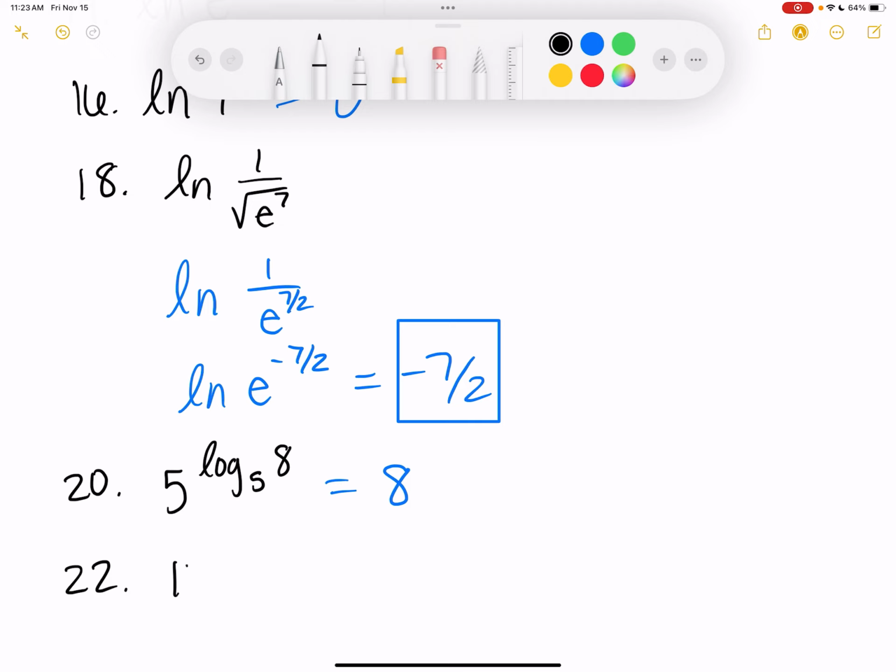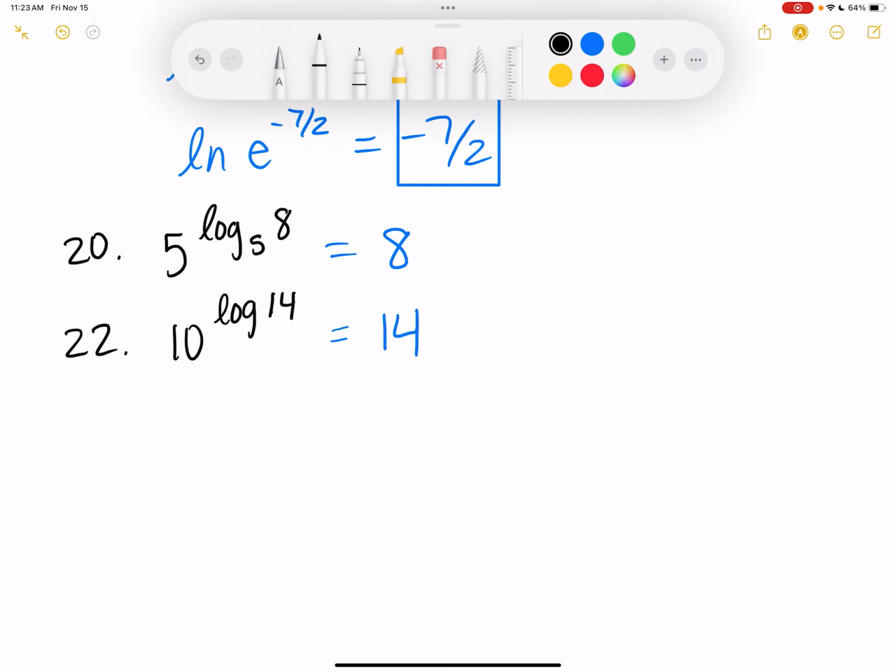22. 10 to the log of 14. What would this one be? 14. 24.